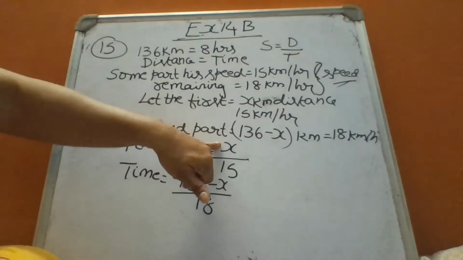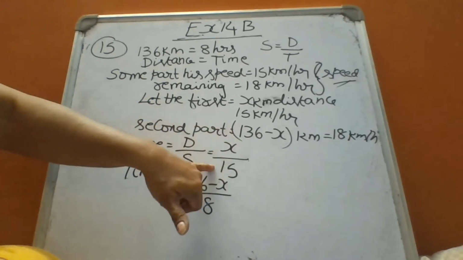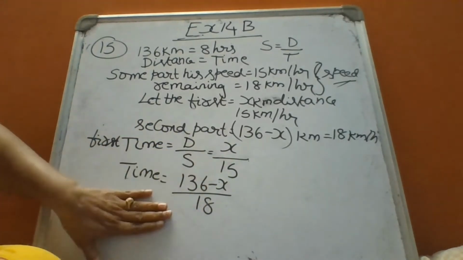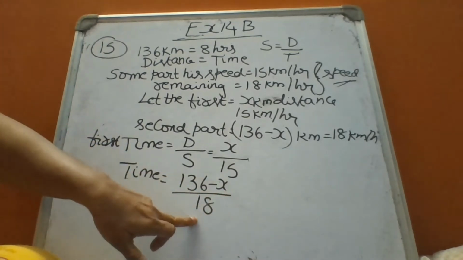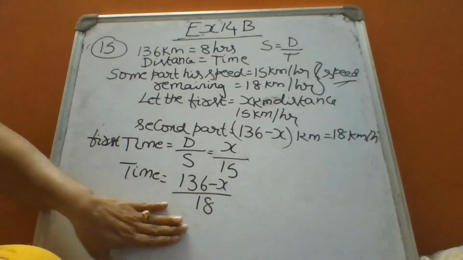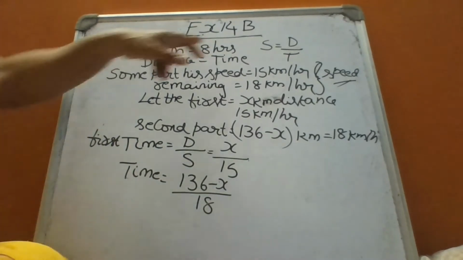The distance covered in the first part is x kilometer with the speed of 15 kilometer per hour, and in the remaining part 136 minus x by 18, this is the time taken. So, the total time taken is 8 hours.